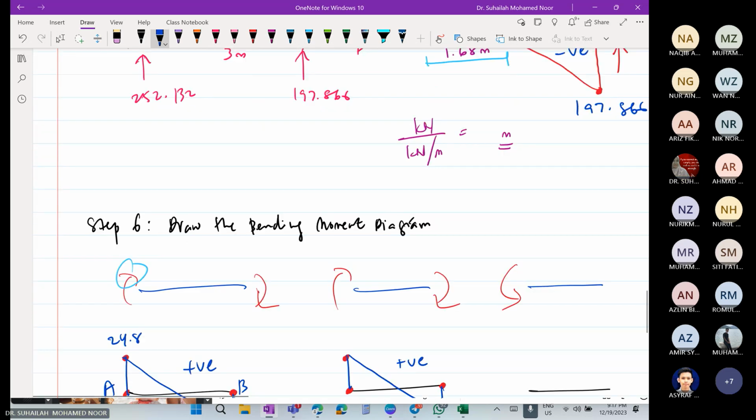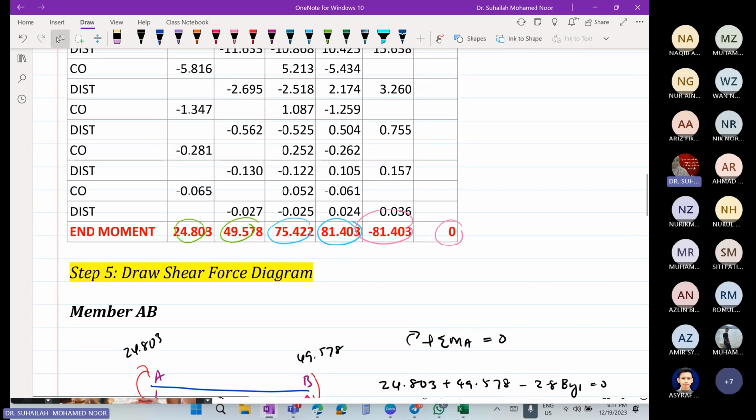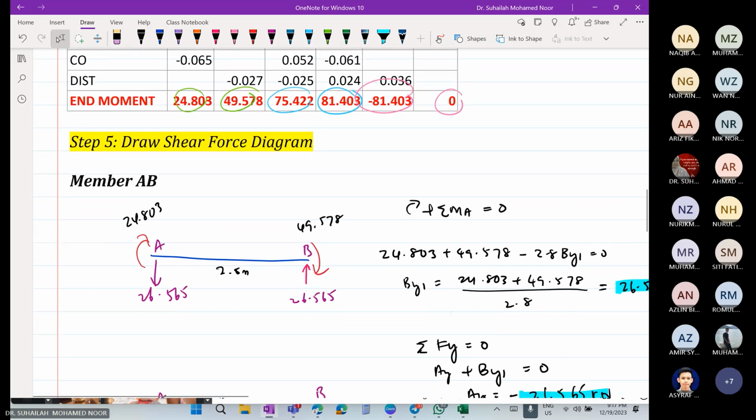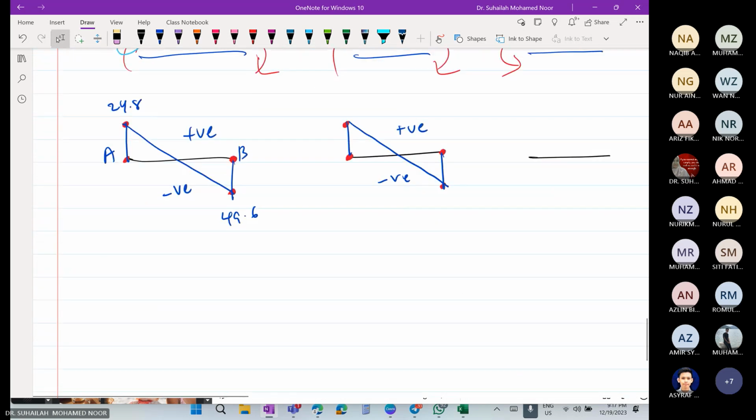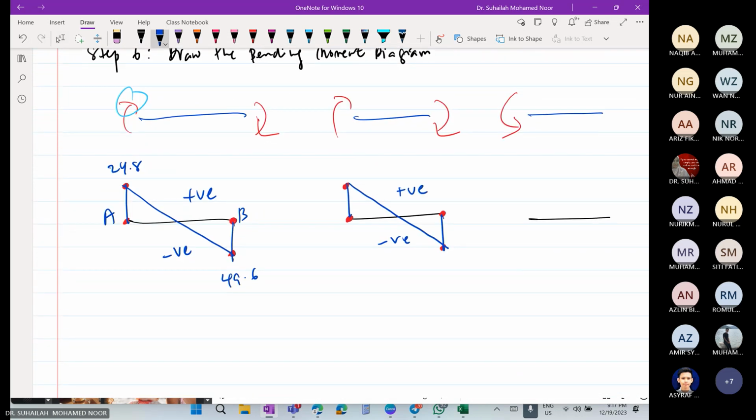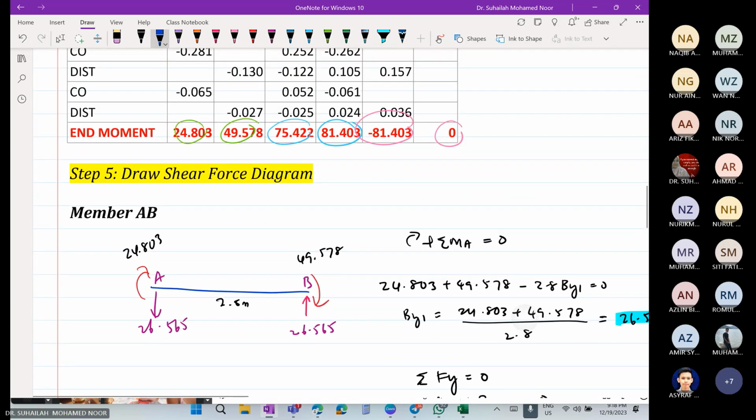What is the value? 75.4. Of course, you can draw the point a bit higher to represent 75.4, and 81.